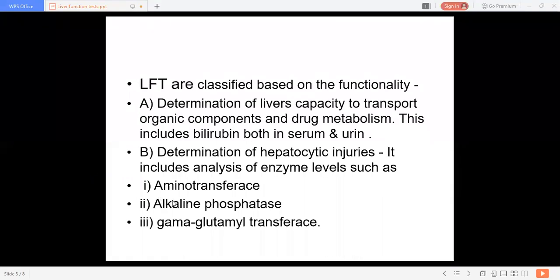We are now talking about alkaline phosphatase, present in the microvilli of the bile canaliculi and sinusoidal surface of the hepatocytes, and also present in the bone, synthesized by osteoblasts.